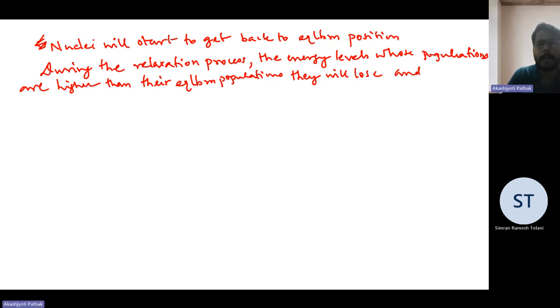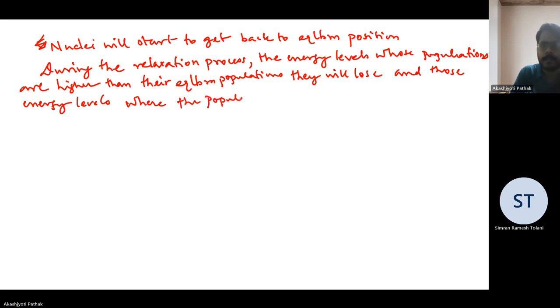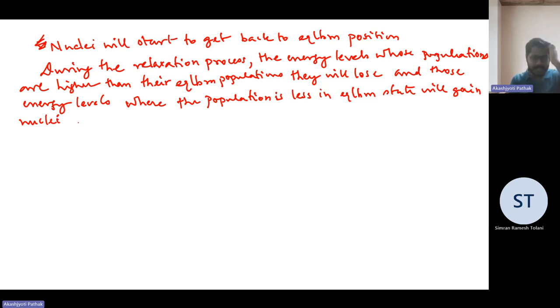Those energy levels where the population is less in the equilibrium state will gain nuclei. So this transition will happen, and this transition will lead to a signal in the NMR spectrum.